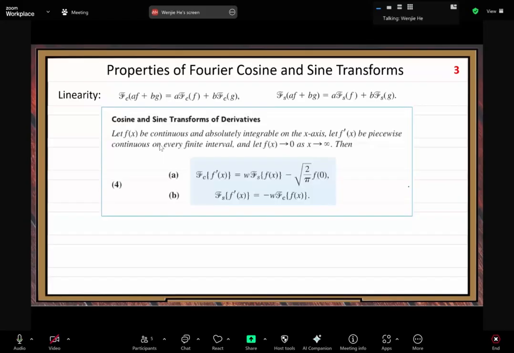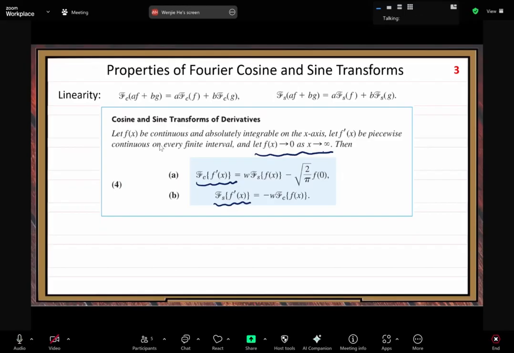Then next, we need to look at the derivative: the Fourier cosine transform of the derivative function and the Fourier sine transform of the derivative function. We can do some simple calculation, but we need conditions, because when we do integration by parts we need to use these conditions.